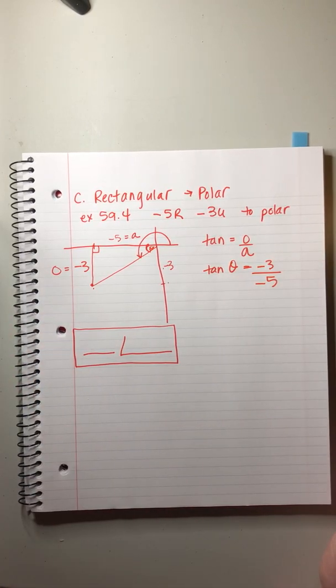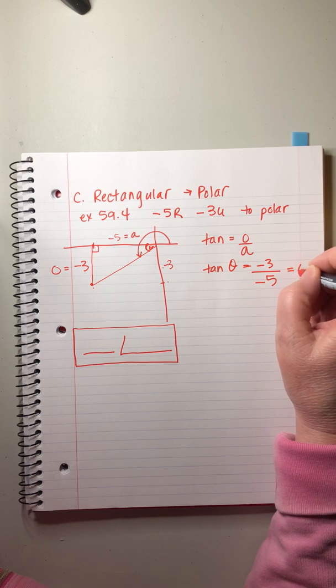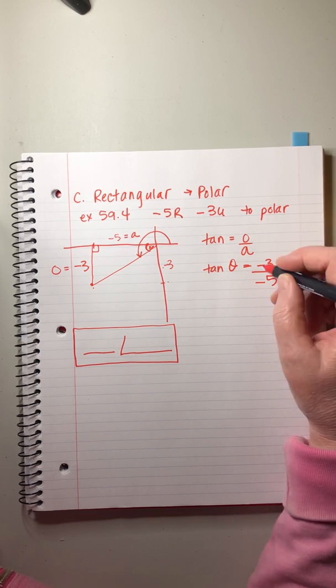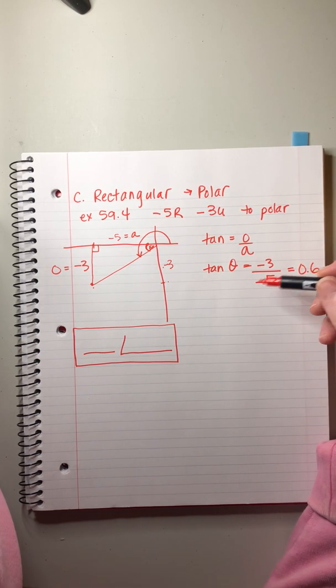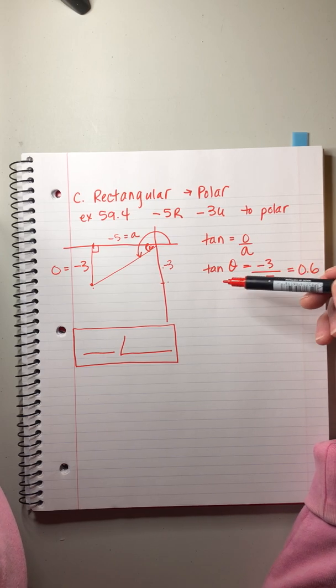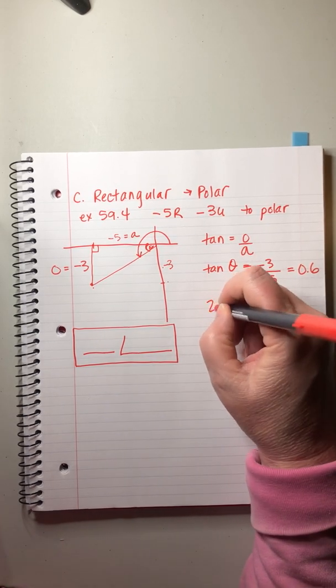Ooh, that's kind of cool, isn't it? And if I simplify this, it's 0.6. It'll become positive, right? So what I can do is put my calculator in second mode.